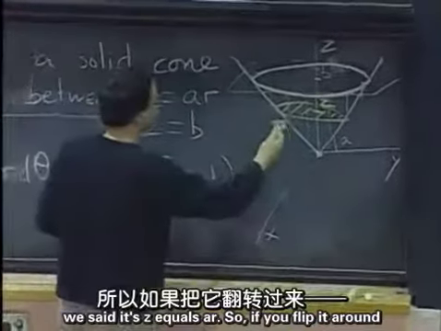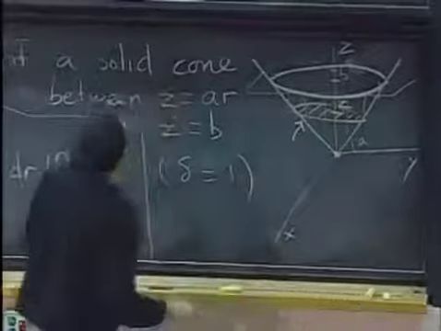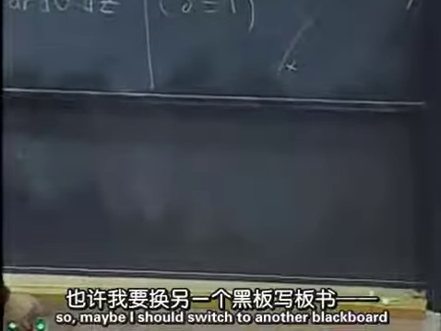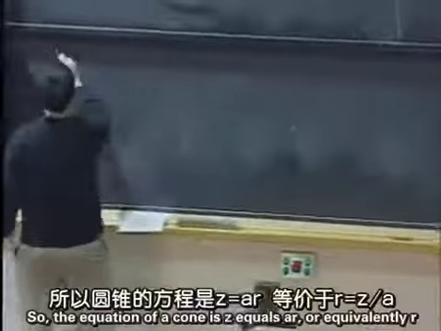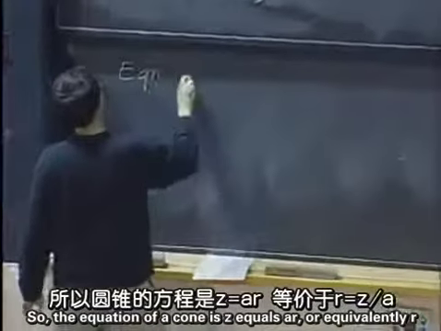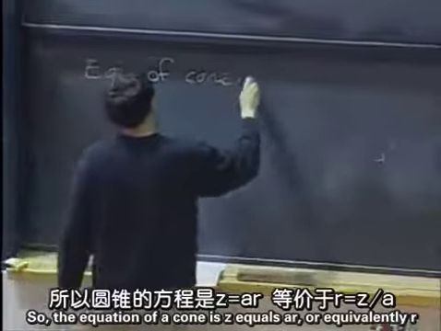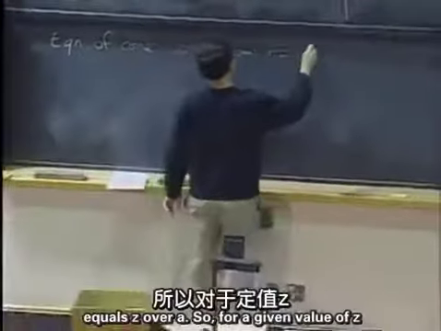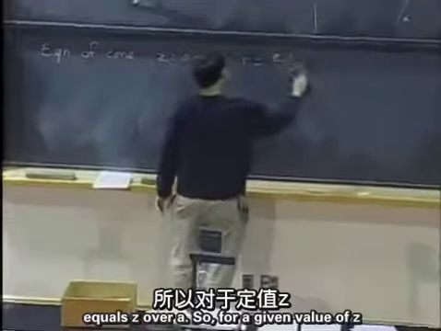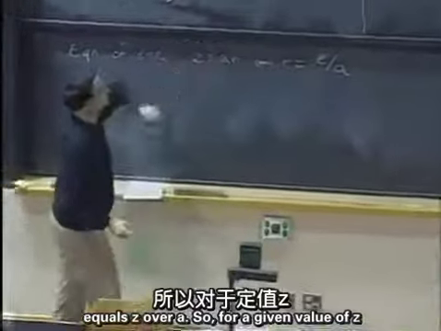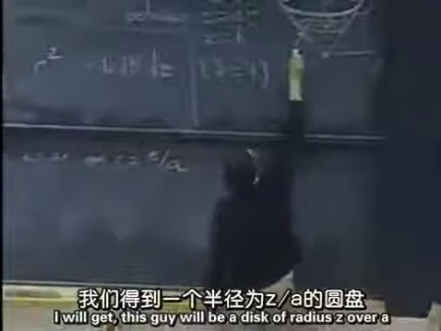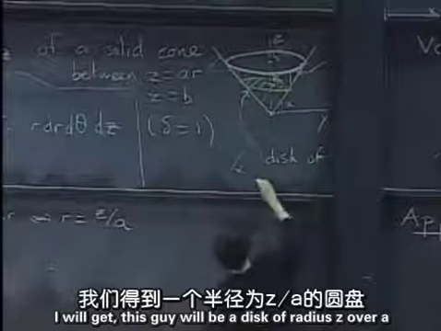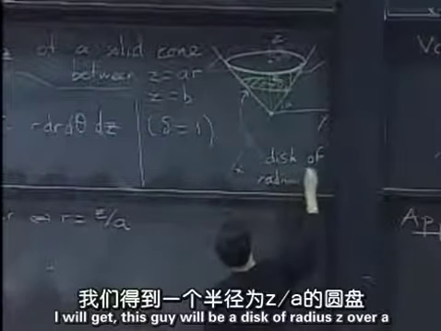The radius of that disk should be z over a, because the equation of that cone says z equals a r. If you flip it around, so the equation of the cone is z equals a r, or equivalently, r equals z over a. So for a given value of z, I will get a disk of radius z over a.